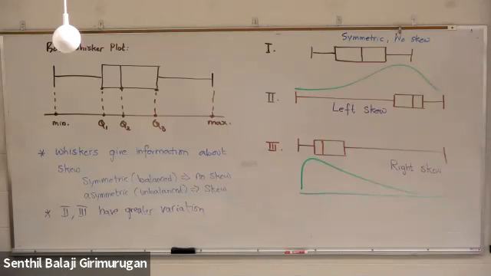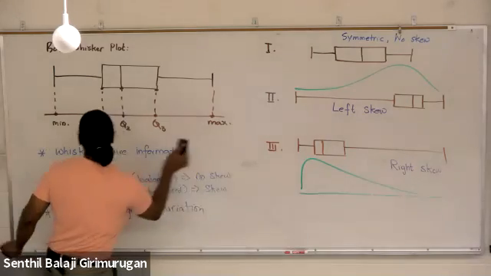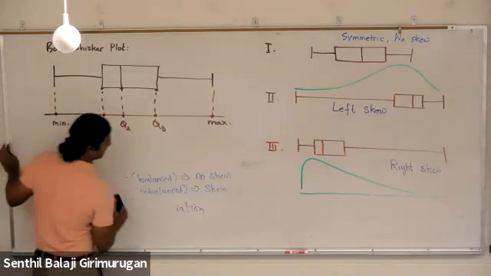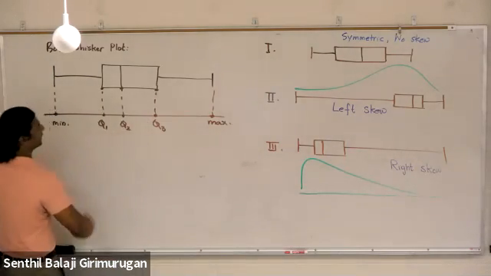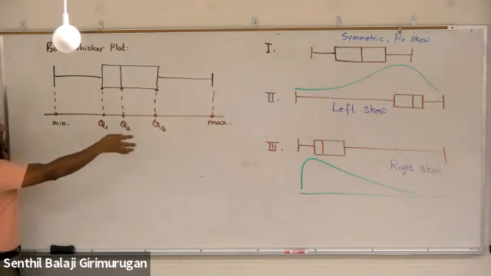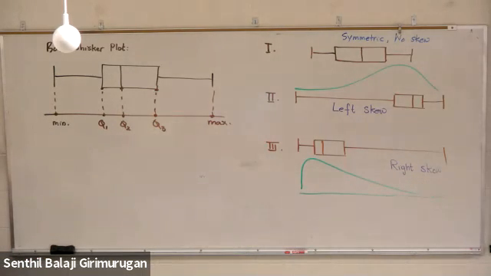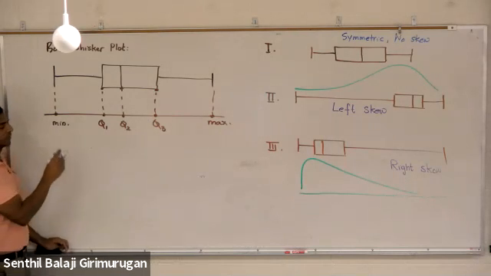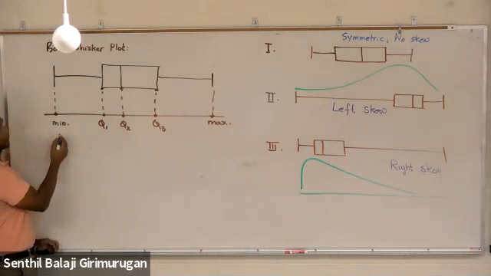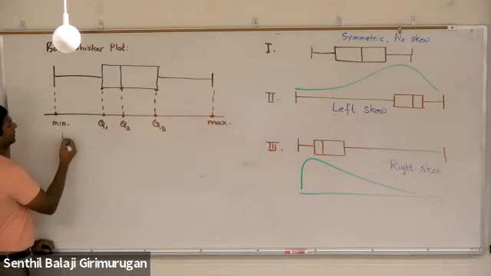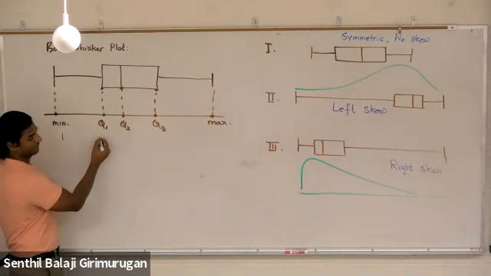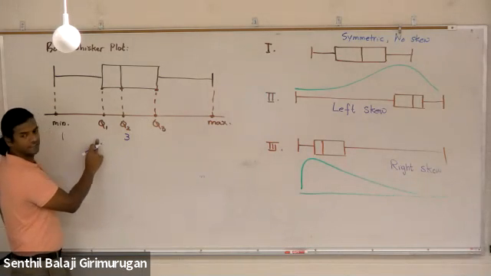So I want you to give the mean, Q2, Q1, Q3, max and min for the data that we just used, the number of hours spent studying. What is the minimum? 1. This is 3. What is Q1? 2.